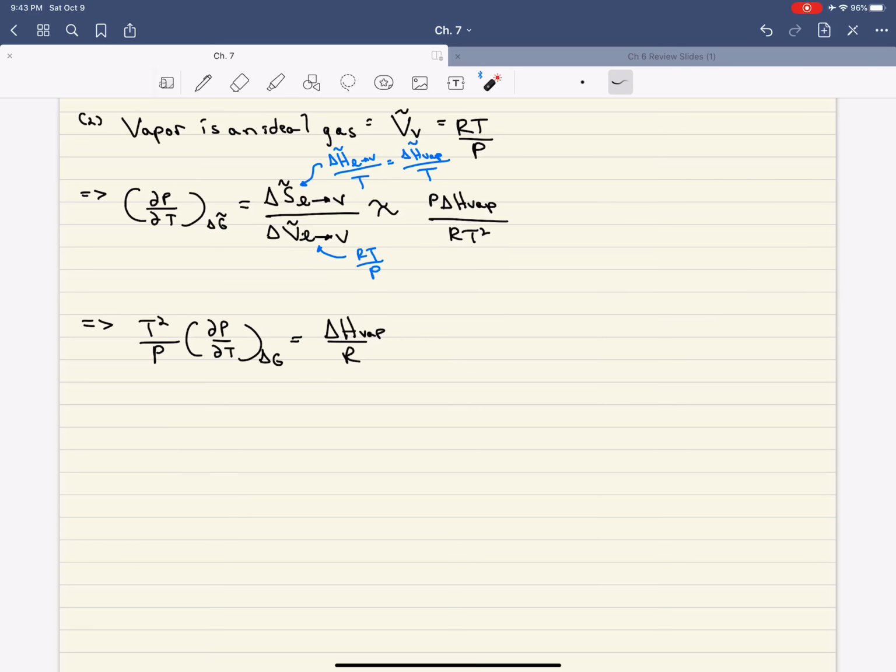We have this partial derivative, but what we have here is essentially dP over P. So notice that we have 1 over P dP, and that is essentially just the derivative of the natural log of P.